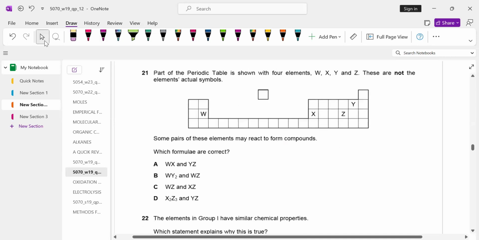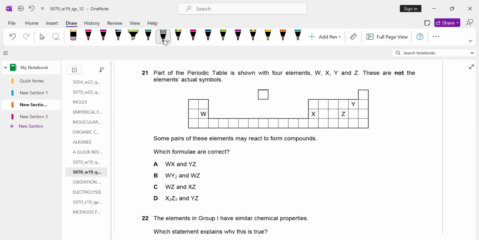Question 21. The part of the periodic table is shown with four elements W, X, Y, Z. The elements are not their actual symbols. Some pairs of these elements may react to form compounds, which would be the formula. So before looking at formula, you can see that this is group 1, this is group 2, then groups 3, 4, 5, 6, 7, and 8.